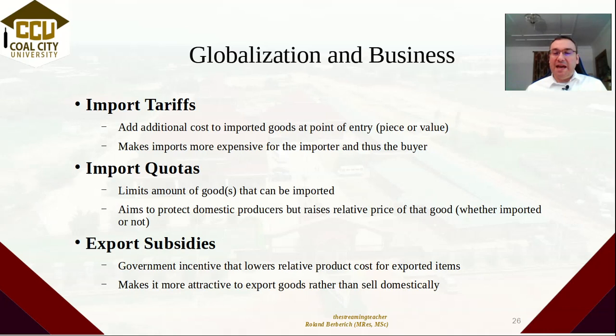Now you can also go via the route of import quotas, which means only a limited amount of goods can be imported in any given year. For example, we only allow 10,000 computers to be imported into our country. The idea is that you want to protect the domestic producers. However, as a consequence, the product becomes more scarce and thus more expensive, whether it is imported or not.